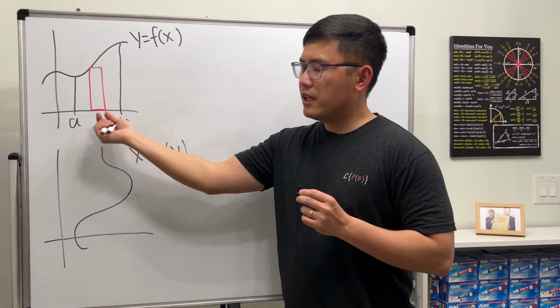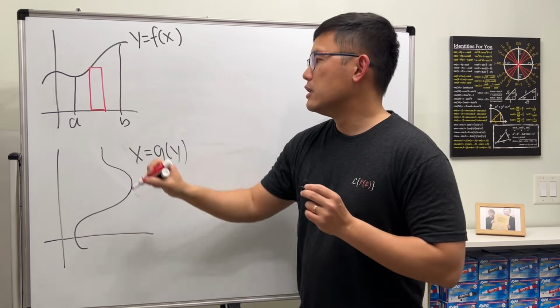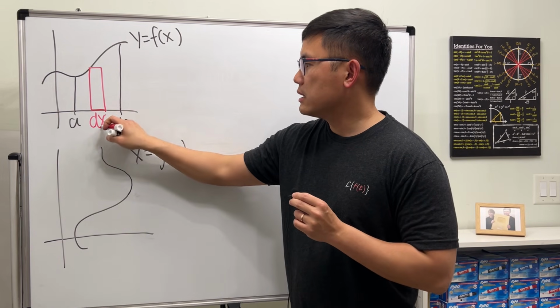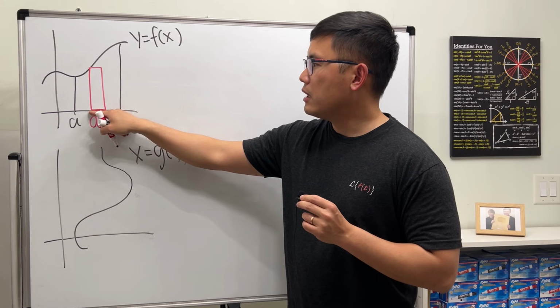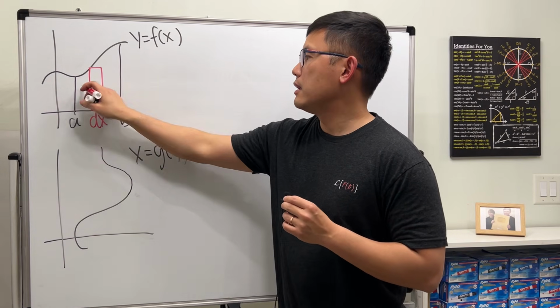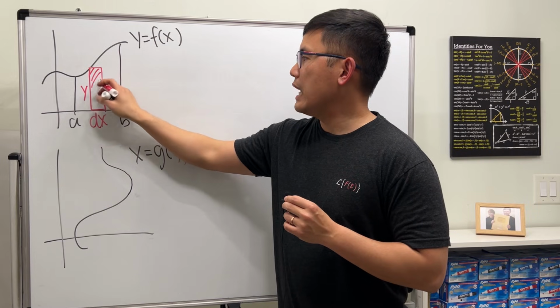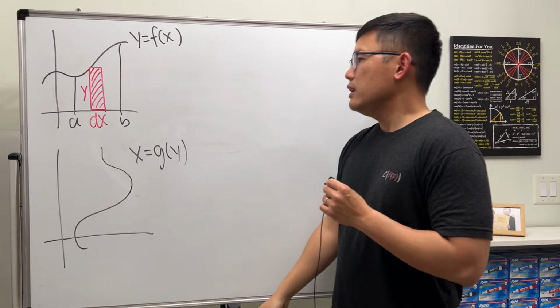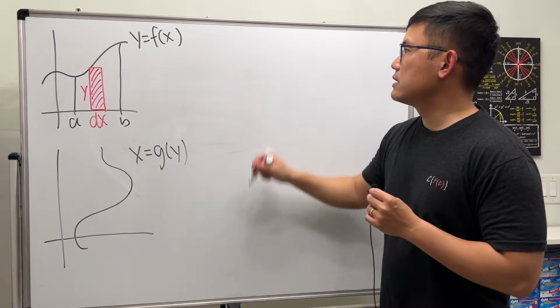The base right here is just a small change in the x, so we'll label that as dx. And the height is from here all the way up vertically, so that's the y. And if you want to find the area of this rectangle, it's simply y times dx. So let's put that down.